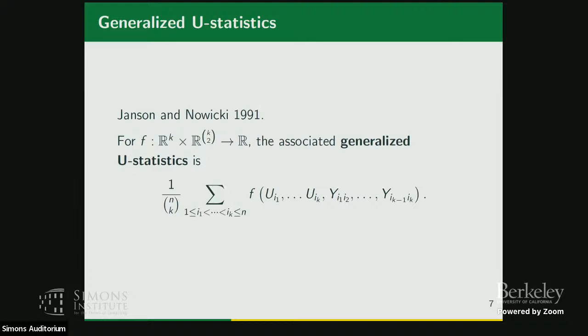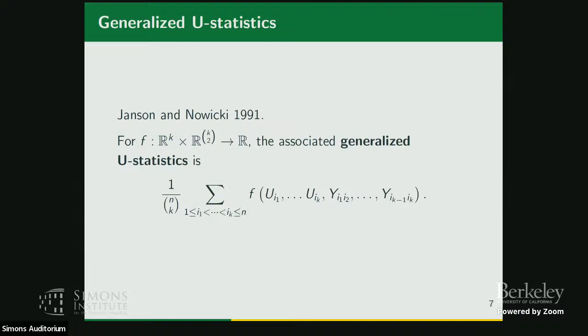Without this k choose 2 arguments, this is just a classical, standard U-statistic. We call it generalized if you also include, along with the individual node labels, the pairwise interaction terms in your function.